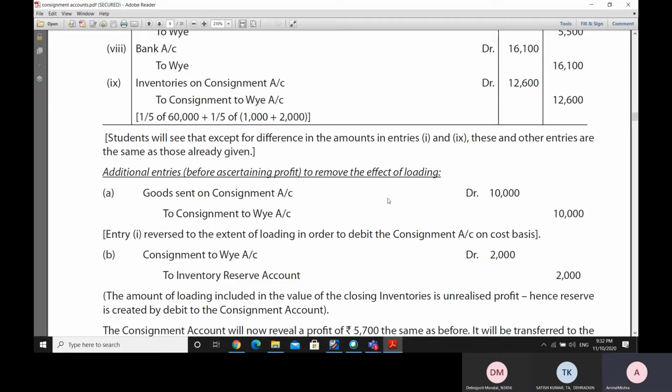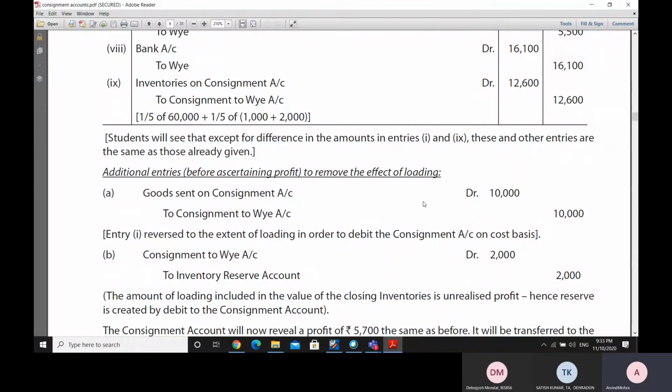But here, goods sent on consignment account is being debited for 10,000 rupees and consignment account is credited for 10,000 rupees. So here entry 1 is reversed to the extent of the loading in order to debit the consignment account on cost basis.